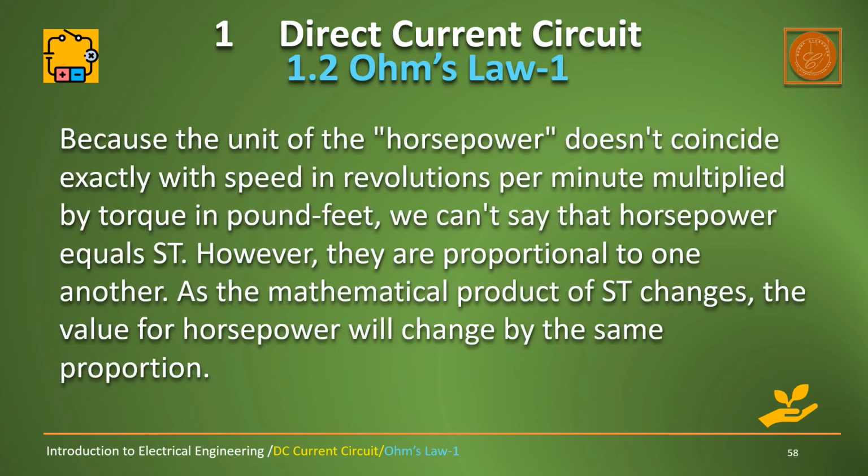Because the unit of horsepower doesn't coincide exactly with speed in revolutions per minute multiplied by torque in pound-feet, we cannot say that horsepower equals S times T. However, they are proportional to one another. As the mathematical product of S times T changes, the value for horsepower will change by the same proportion.